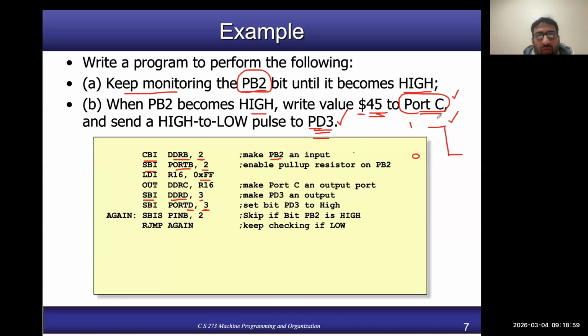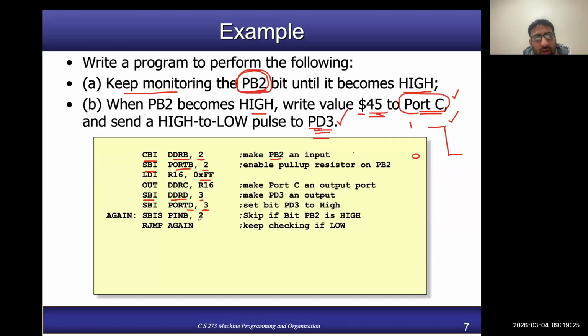But then after that, we need to monitor the value of PB2, right? And here is how we monitor it and keep monitoring as long as it doesn't become high, right? So keep checking it. So how can we do this? So we are saying, okay, skip the next instruction if the IO bit is set.